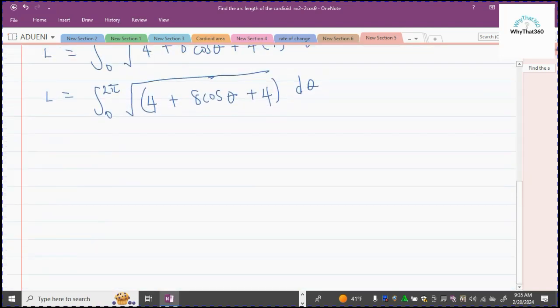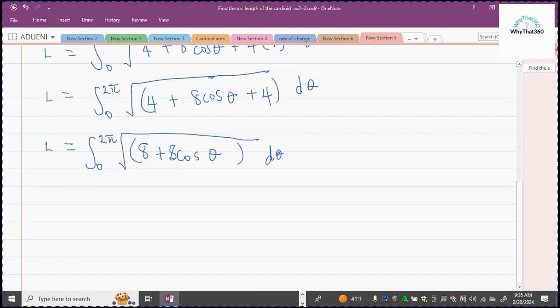So we will go ahead and say that the length of the arc is now given by the integral of the square root of 8, which is 4 plus 4, this 4 here plus that 4, which gives us 8 plus 8 cos theta, and then all d theta, like that.